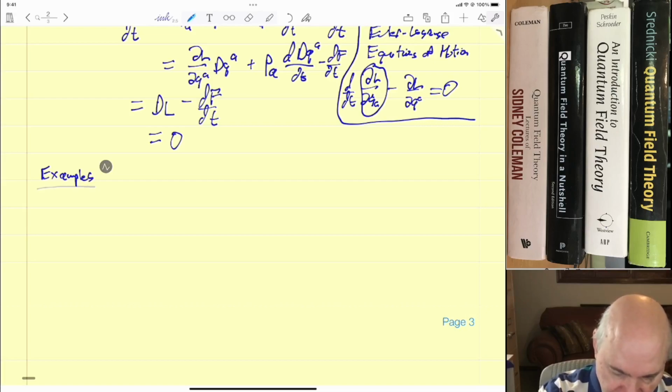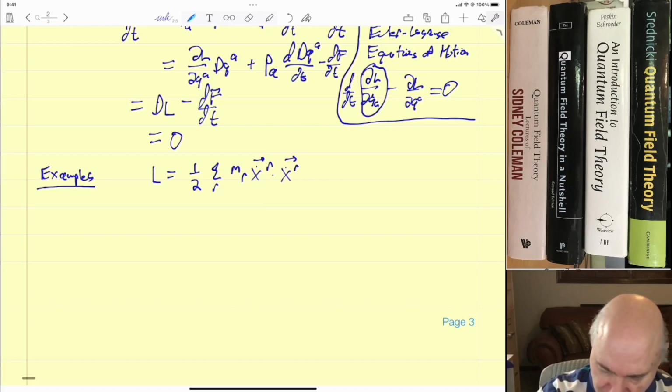Let's say we have a Lagrangian of this form. It will be translationally and rotationally invariant. I'll write down a general Lagrangian that you're all familiar with. So this is the product of the velocities, one half m v squared basically. And then I have plus a potential.